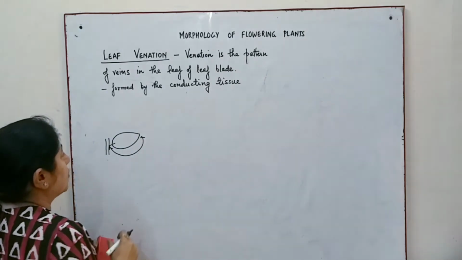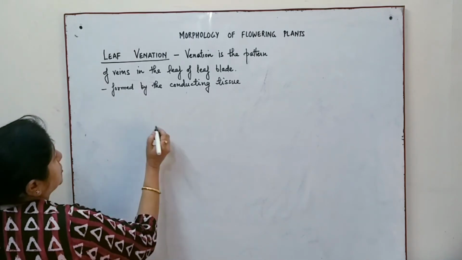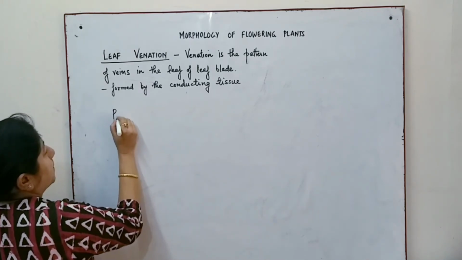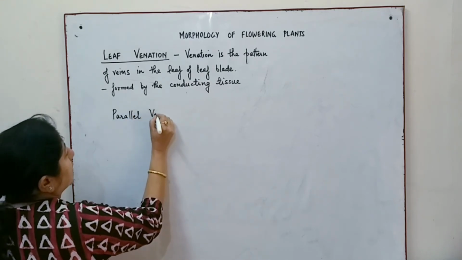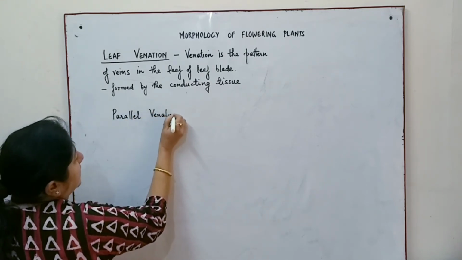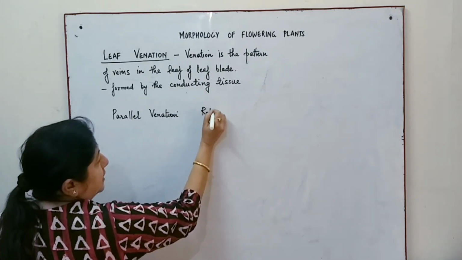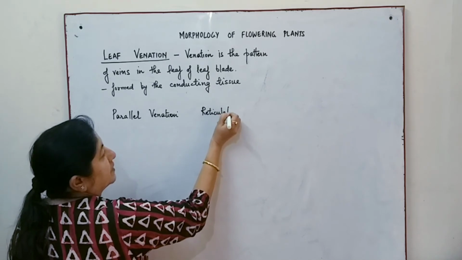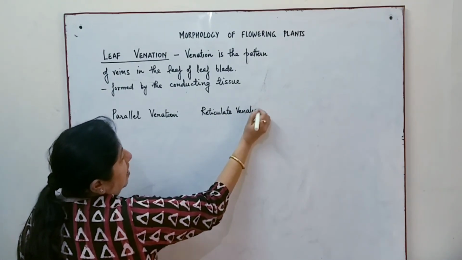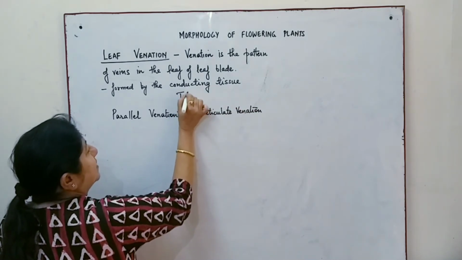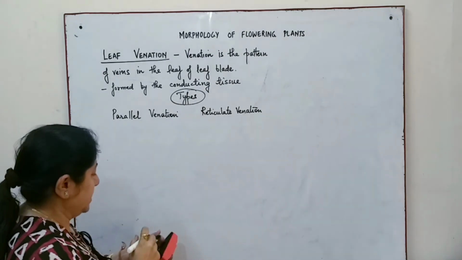Now, when we talk of the types of venation, there are two types: one is the parallel venation and the other is the reticulate venation. These are the venation types found in plants.